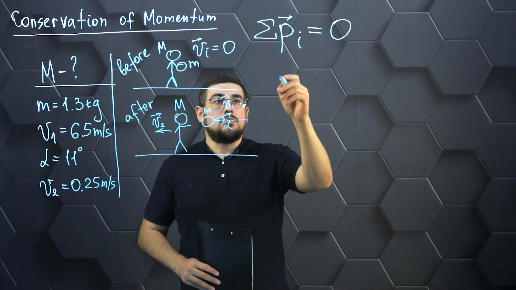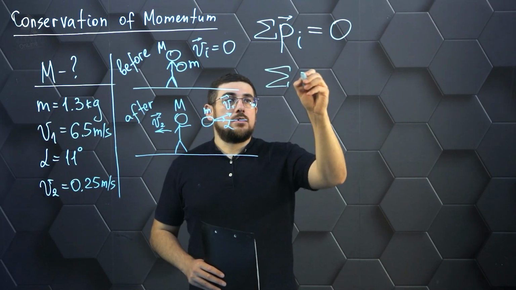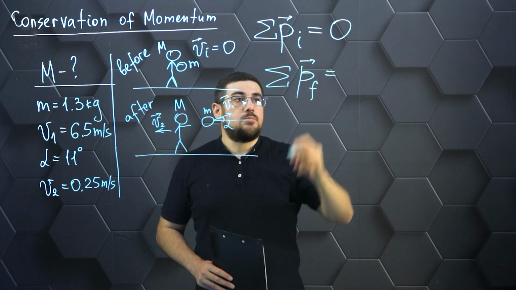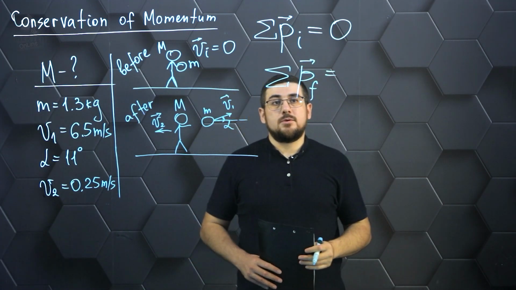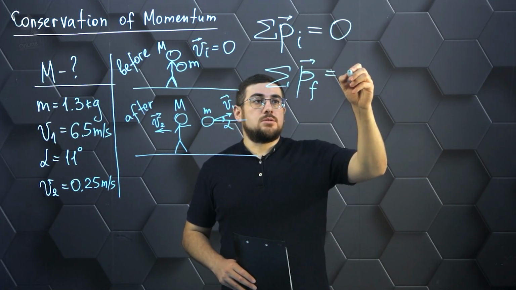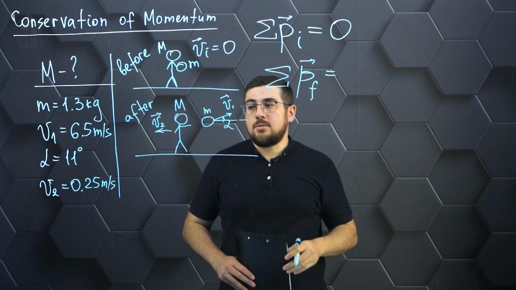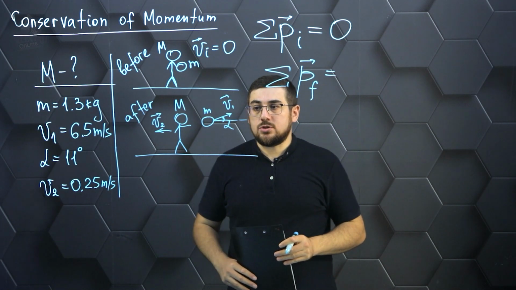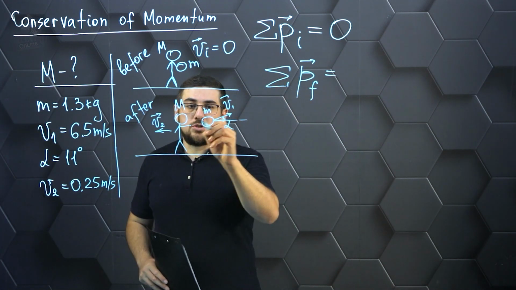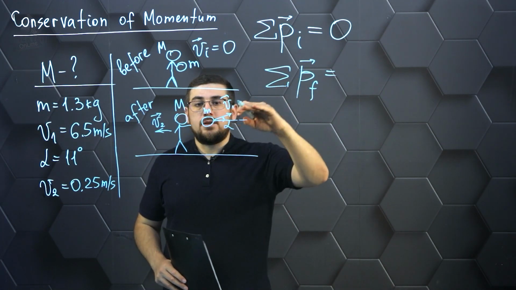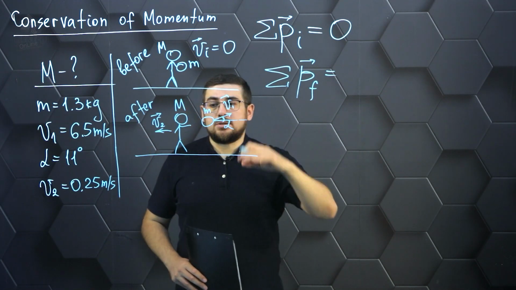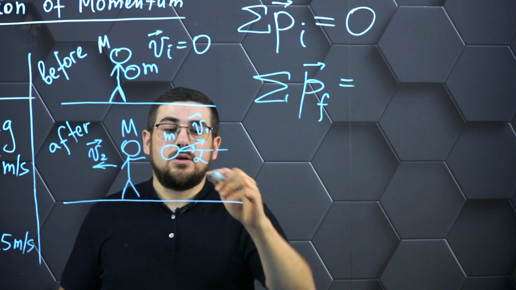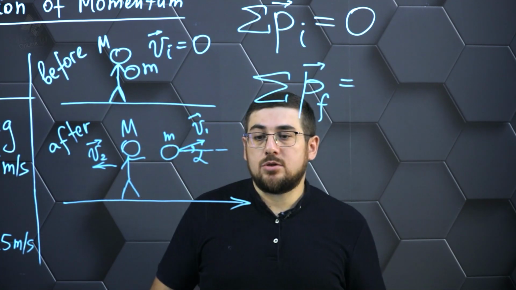The total momentum after the throw. Well, what we see here is that there's a motion of two objects, and we must consider these momenta on the axis of human motion, because here we see that the motion of this bag occurs in two directions. And our task, if we want to consider the motion of the man himself and consider his mass in this motion, is that we must consider the components of these momenta on a chosen axis.